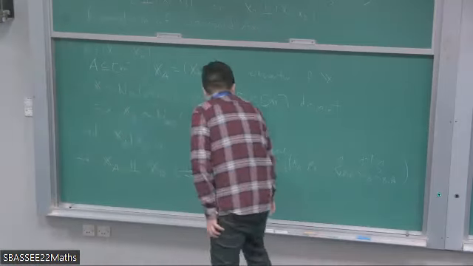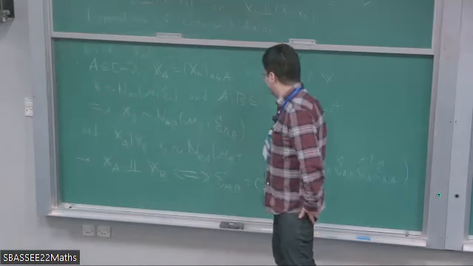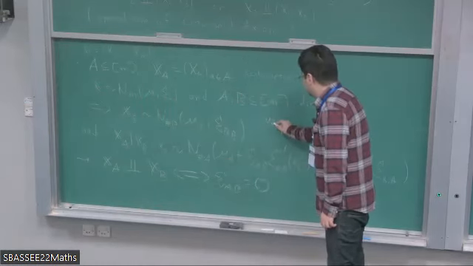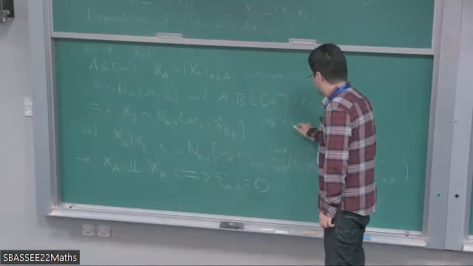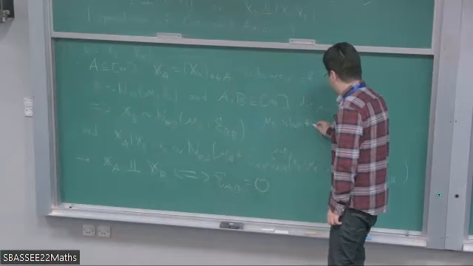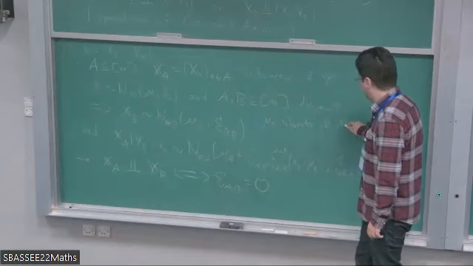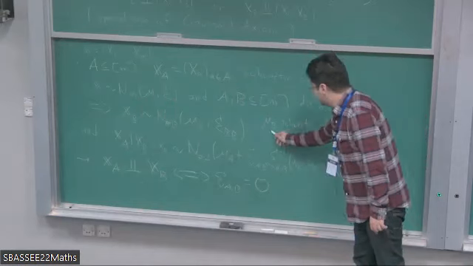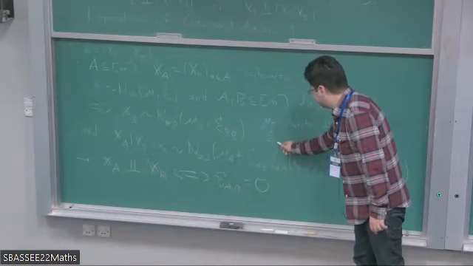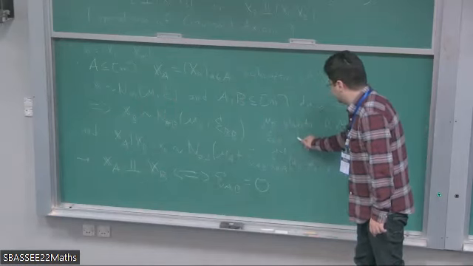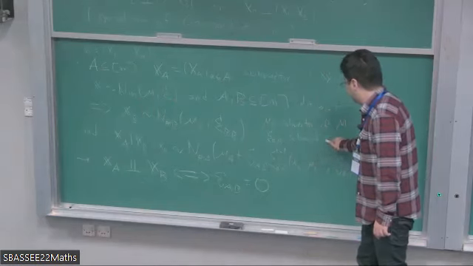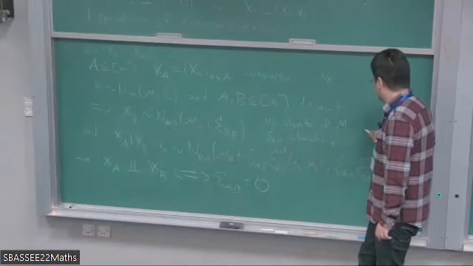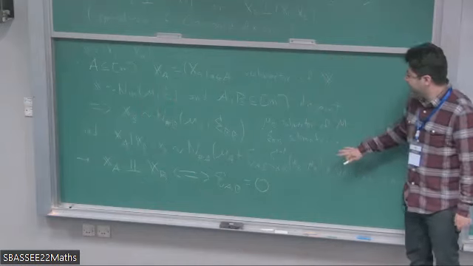What does this mean? Well, mu B is the subvector of mu, and sigma BB is a submatrix of sigma. I hope these are clear.